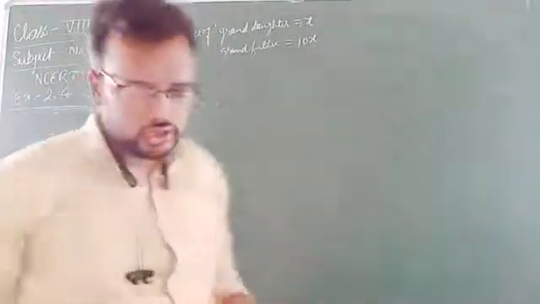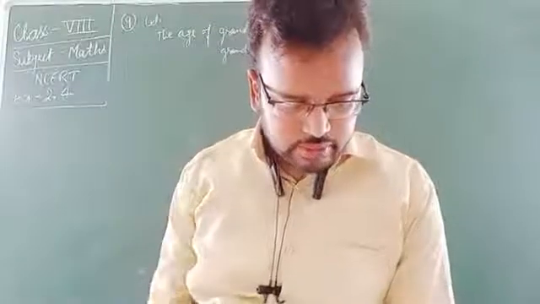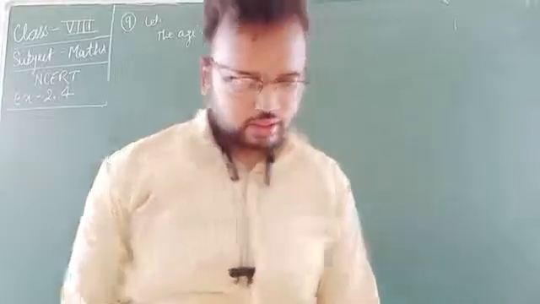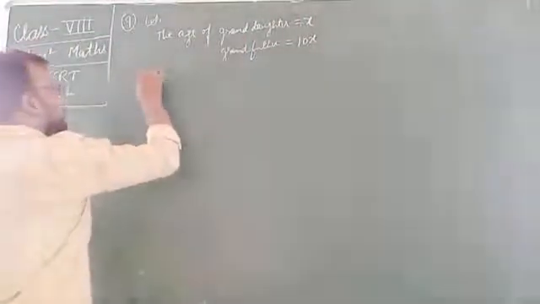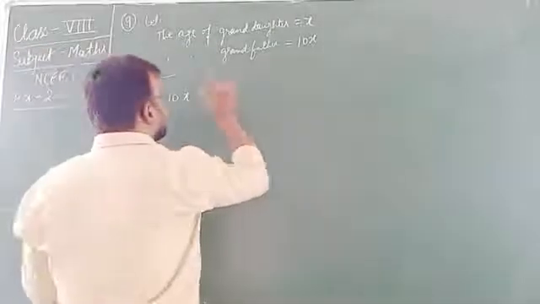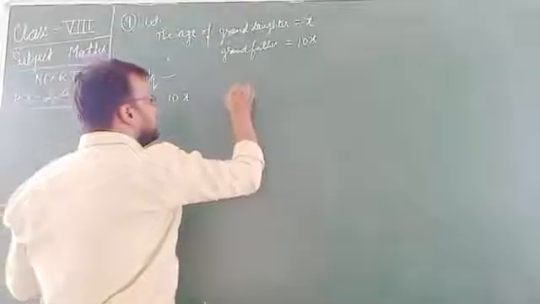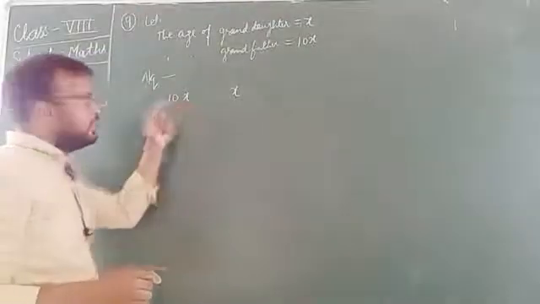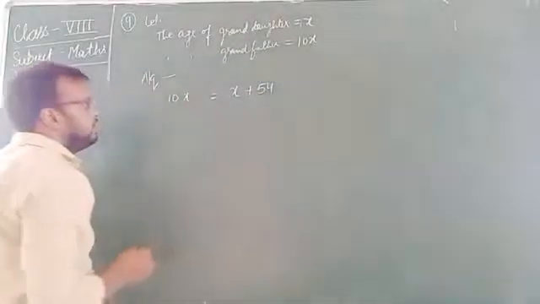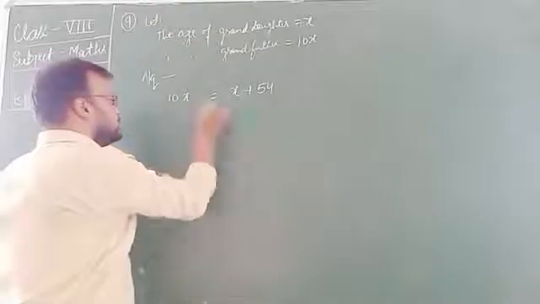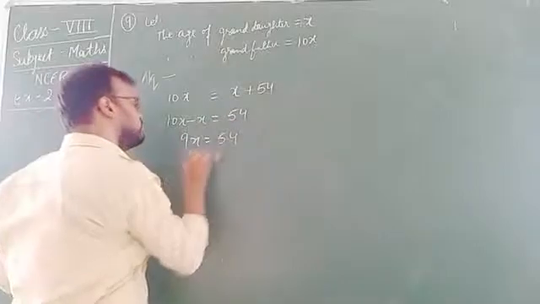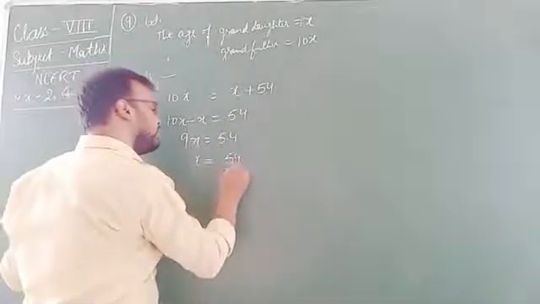Now according to the question, he is also 54 years older than her. The age of the grandfather is 10x and the age of the granddaughter is x, and he is 54 years older. It means 54 is added, and we make the equation. Now 10x minus x equals 54, 9x equals 54, so x equals 54 upon 9, that is 6.